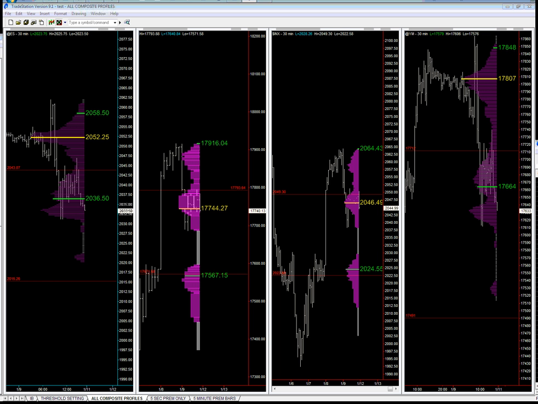So we have these profiles on the ES, the INX, the INDU, the YM, and you can look at where the market found resistance and where it eventually found support for a rally up.